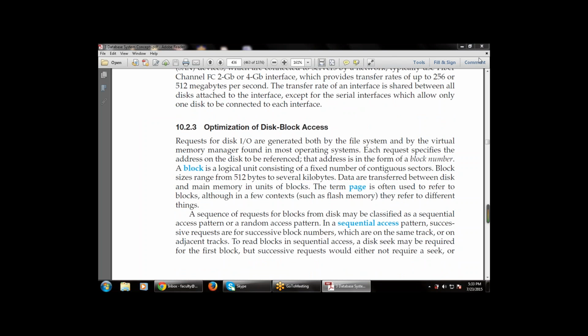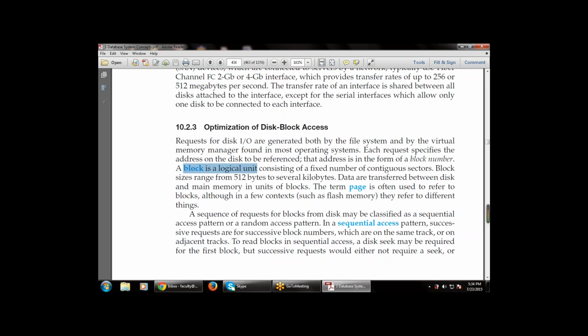The requests for disk input output are generated both by the file system and by the virtual memory manager found in most operating systems. Each request specifies the address on the disk to be referenced. That address is in the form of a block number.